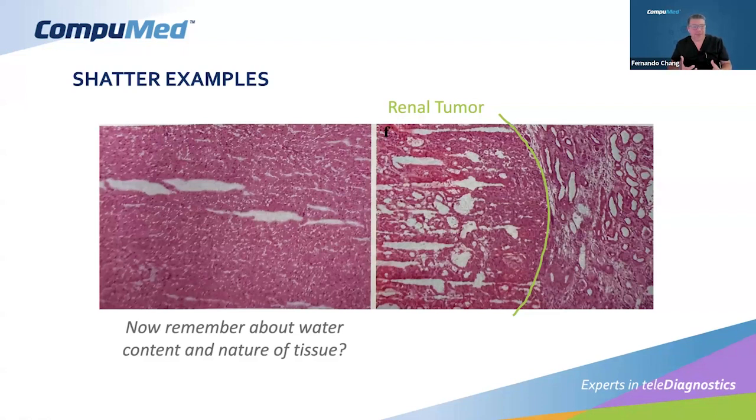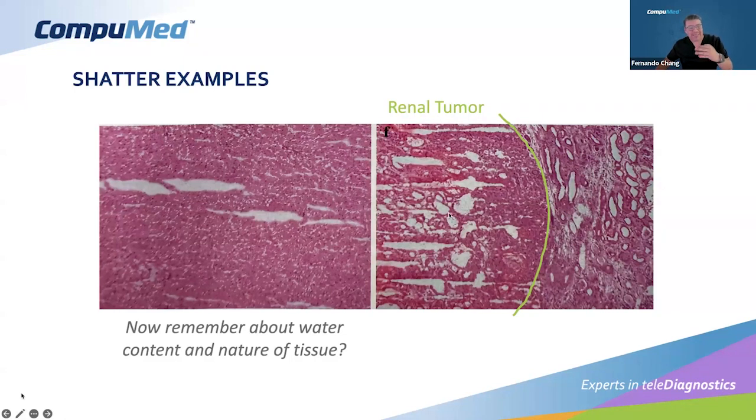Cancer cells just don't behave the way regular normal cells do. There's also an increase in circulation and local edema. So the water content is higher than in the normal kidney, although this kidney is filtrating urine, and if we cut at the right temperature, we won't have the shattering.